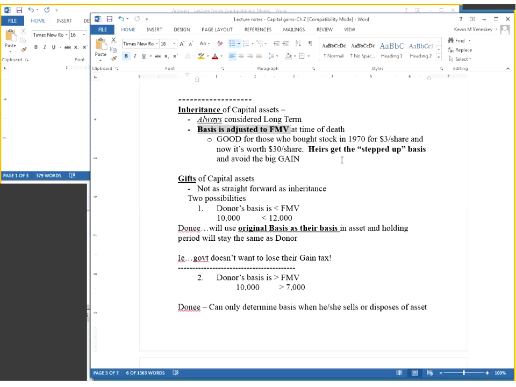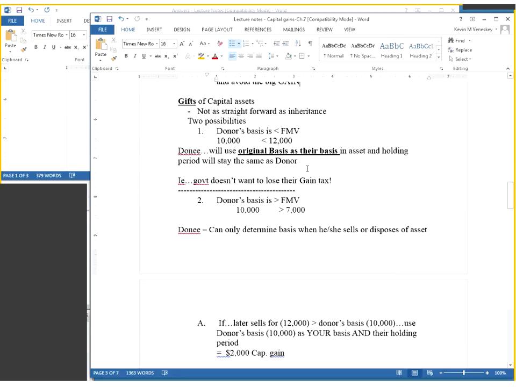If they would have sold it right before they died, they would have had to pay a tax on their gain of $90. But if you get it as an inheritance, your basis is not $10 anymore like theirs. Your basis goes up to $100. And then if you turn around and sell it for $100, you have no gain, and that's a great deal. You don't have to pay any tax on that.